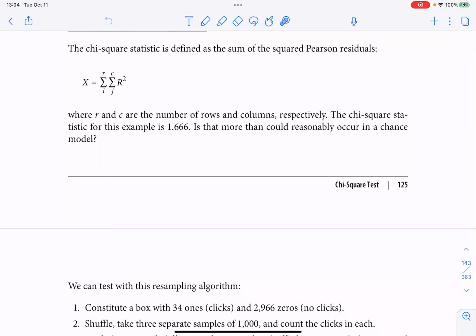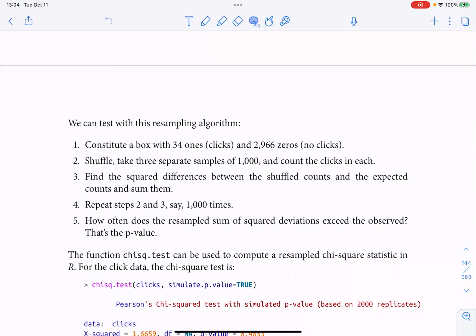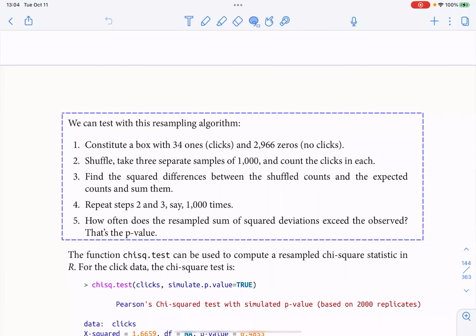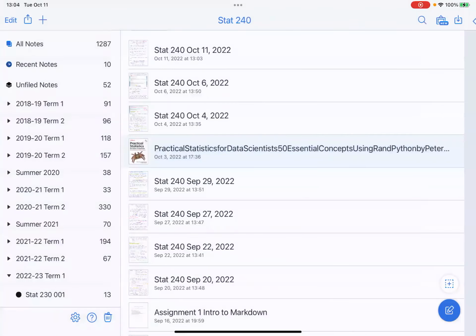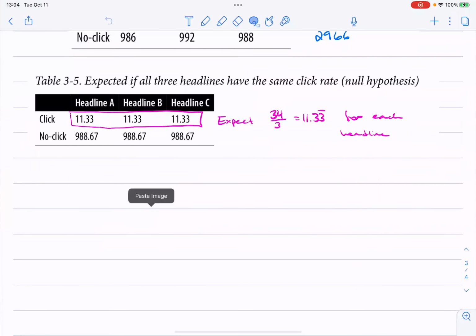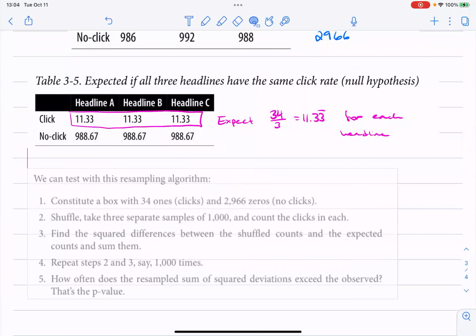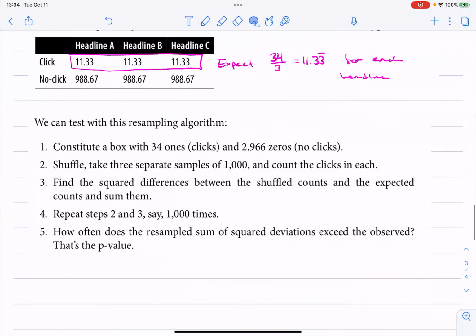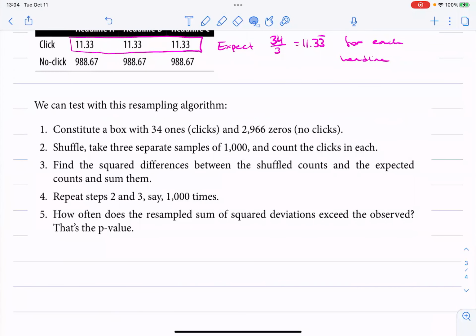But instead of doing that, let's have a look at this resampling algorithm instead. So we have two ways of generating p-values: either by permutation tests, which is what we're about to talk about, or through the traditional approach, where it's approximated by a chi-squared, and then I can find a p-value that way.